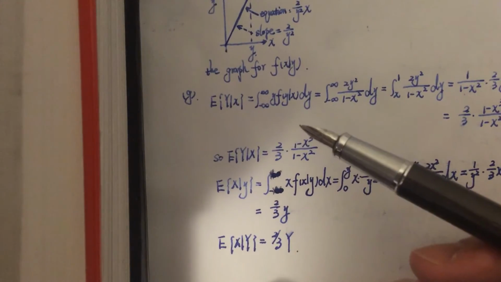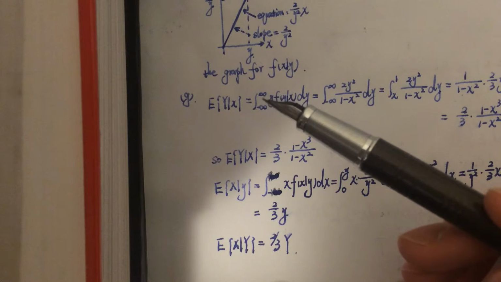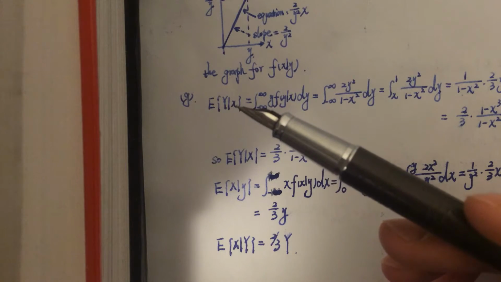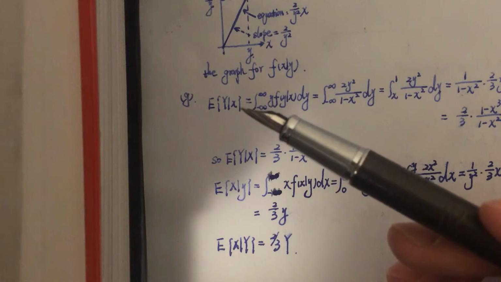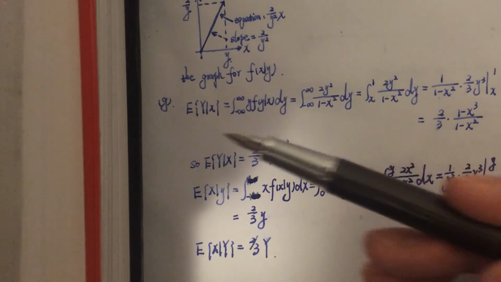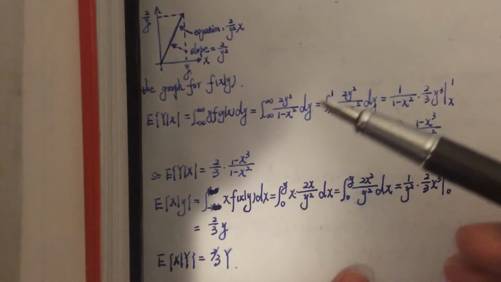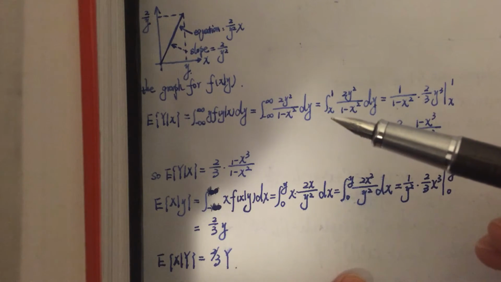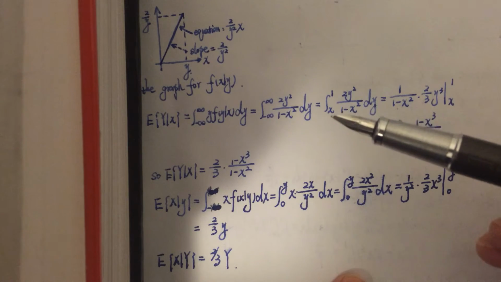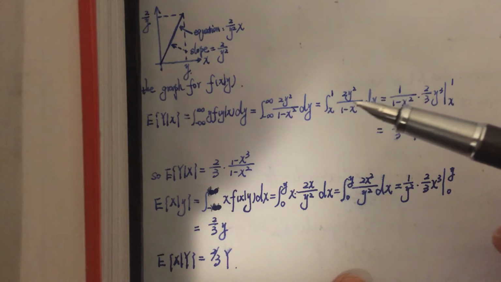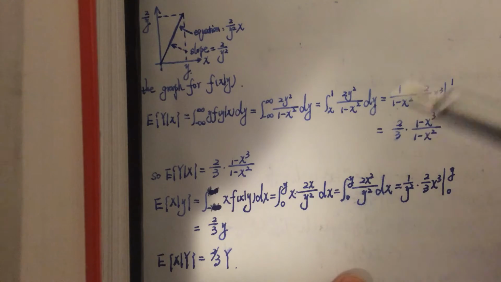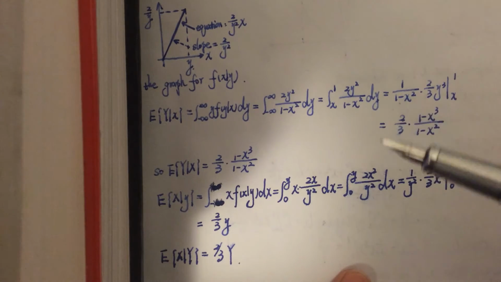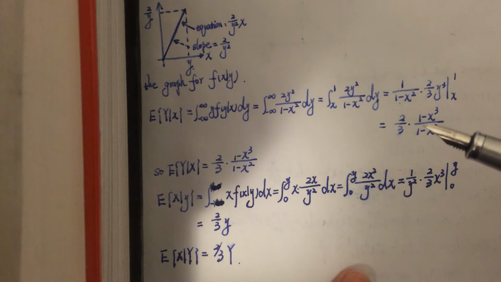And the next one is to calculate E of Y conditioned by x. According to the formula, it is the integration from x to 1 of 2y squared over 1 minus x squared, and after calculation we get 2 over 3 times (1 minus x cubed) over (1 minus x squared).